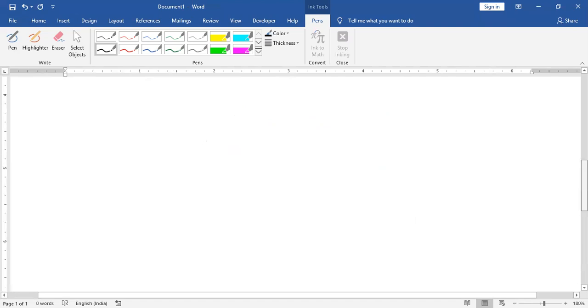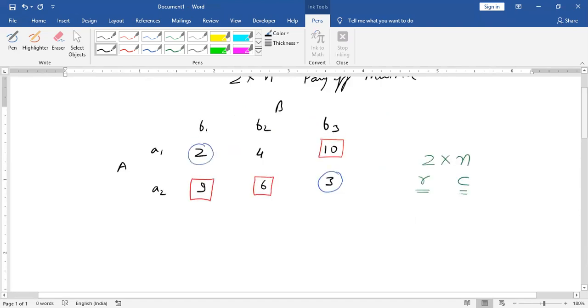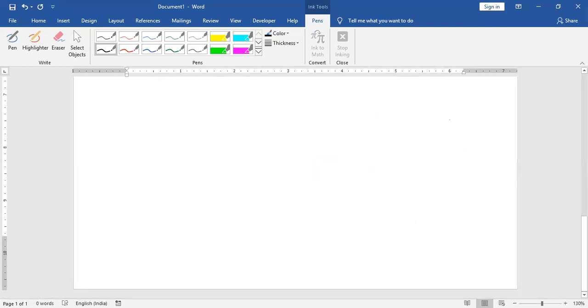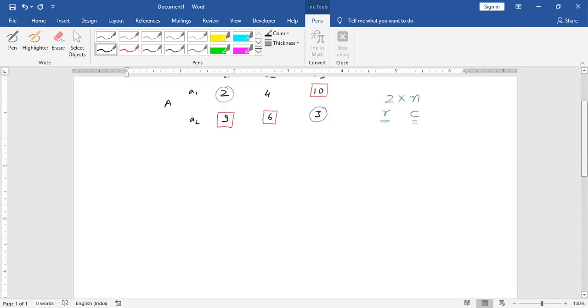And as we know we have a 2 by n matrix, and in case of a 2 by n matrix, we will draw two parallel lines.